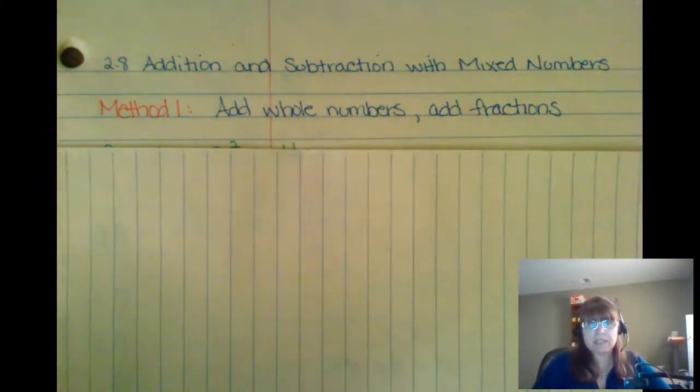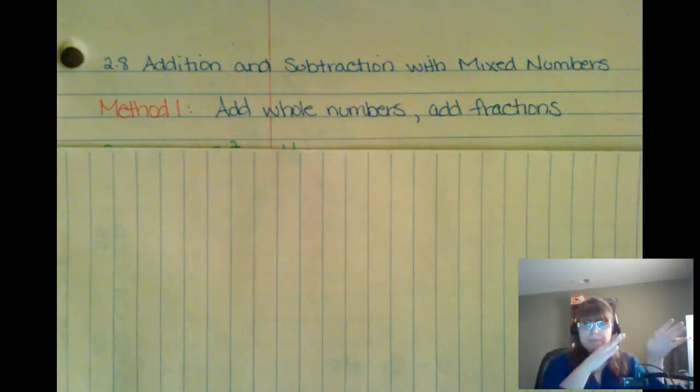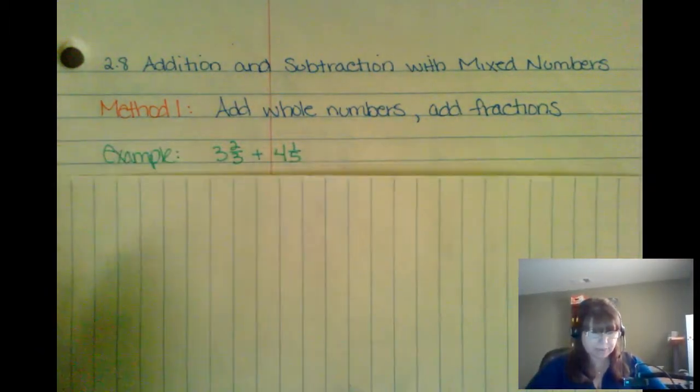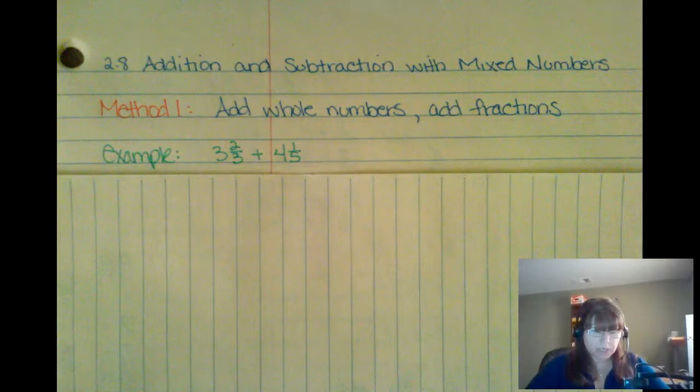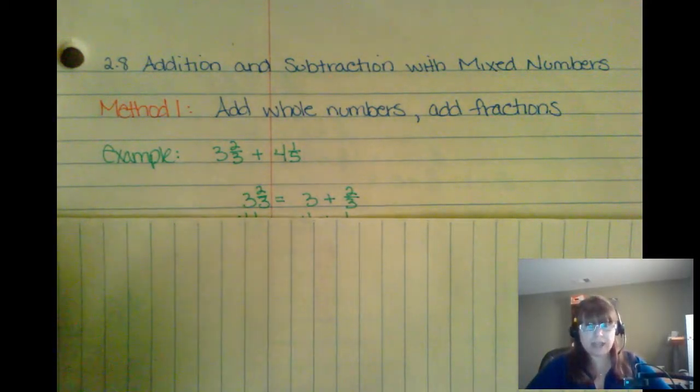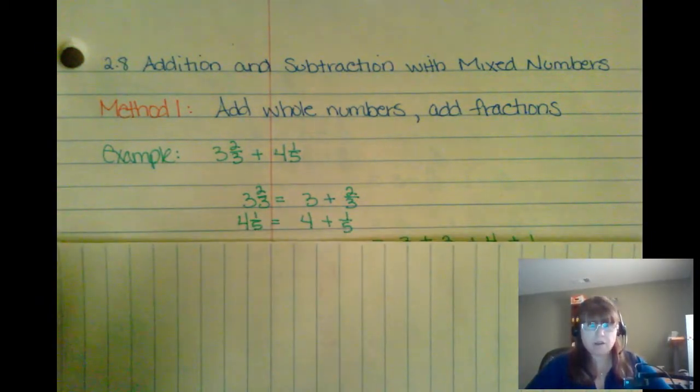The first method is you add the whole numbers and then you add the fractions separately and then you combine all of it. For example, 3 and 2/3 plus 4 and 1/5. So 3 and 2/3 can be written as 3 plus 2/3. 4 and 1/5 can be written as 4 plus 1/5.